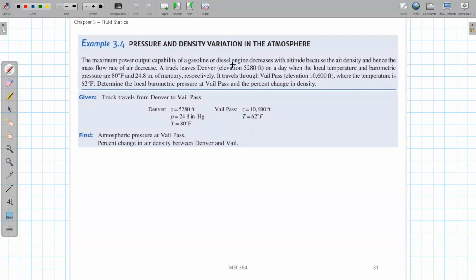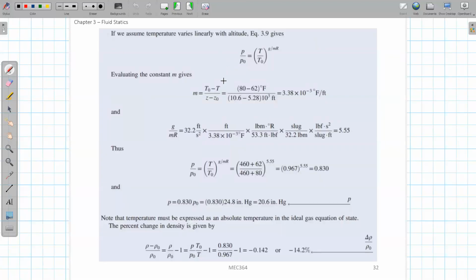So first we need to calculate m, which is just the slope of the drop of temperature due to the elevation, the altitude. You can quickly calculate m equal to the temperature difference divided by the altitude difference.